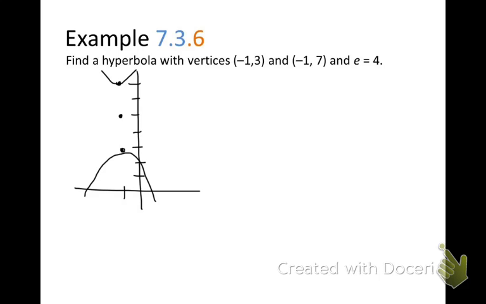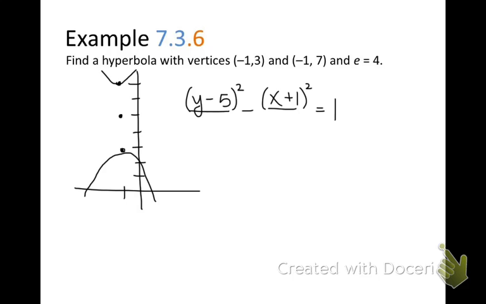Which variable am I putting at the front of this? If it's vertical, you're going to do y, then minus 5 for your center's y value, right? Minus, and then x plus 1. And now all I have to do is figure out what my fractions are.